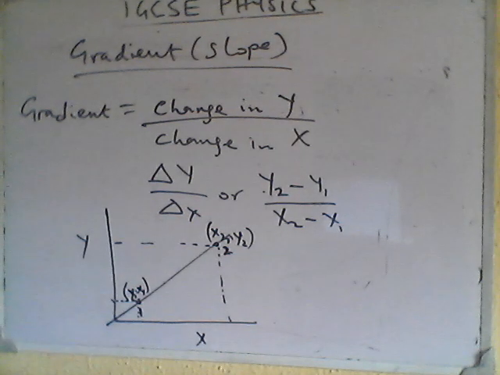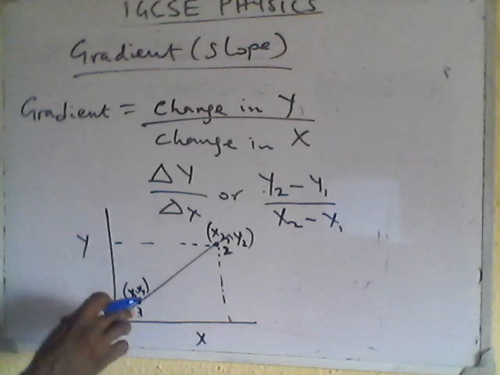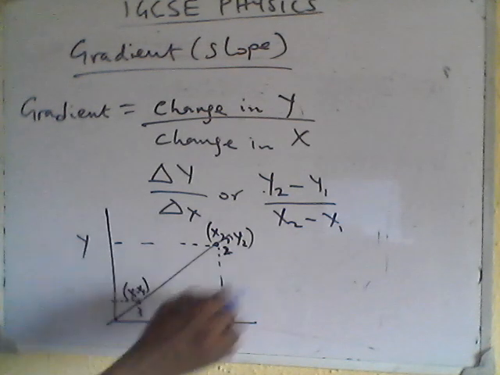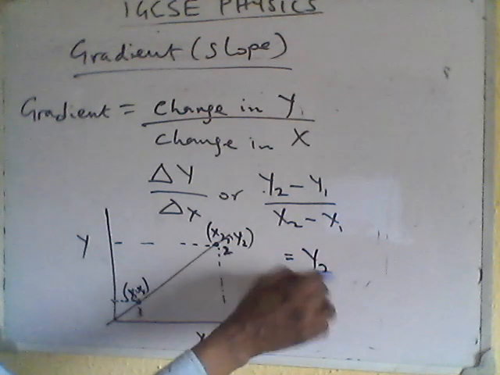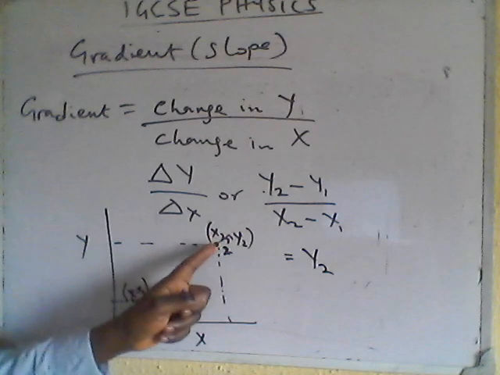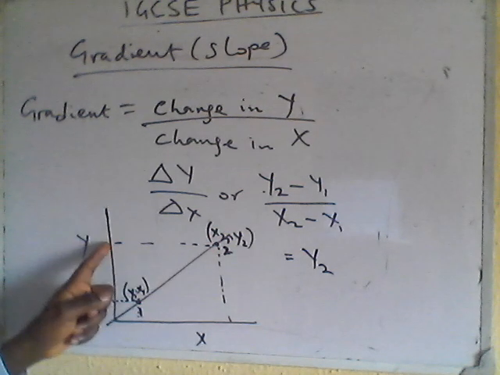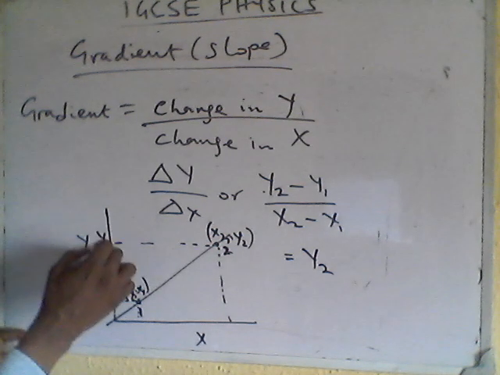If I had to find the gradient between point 1 and 2, I will say y2, which is the value of y at this point, traced to this side. This is y2.